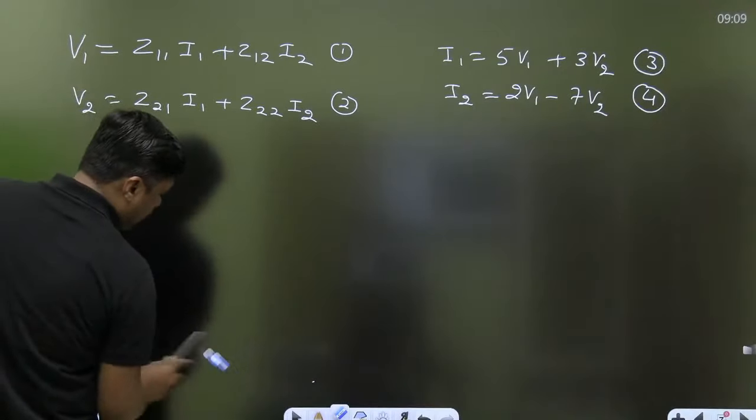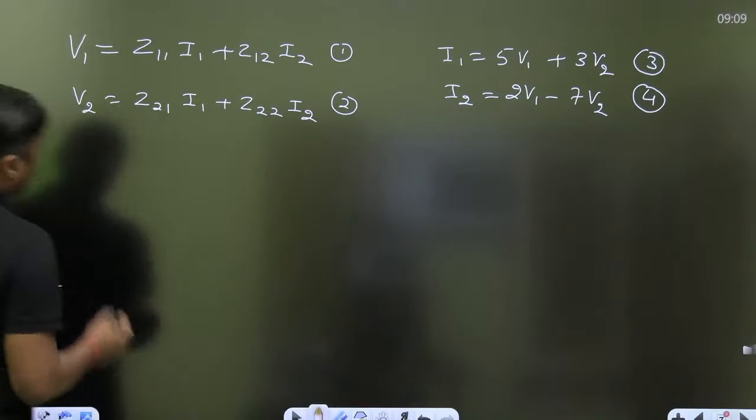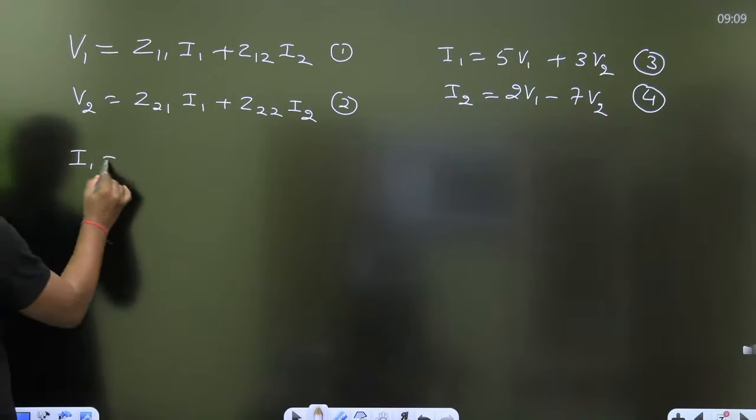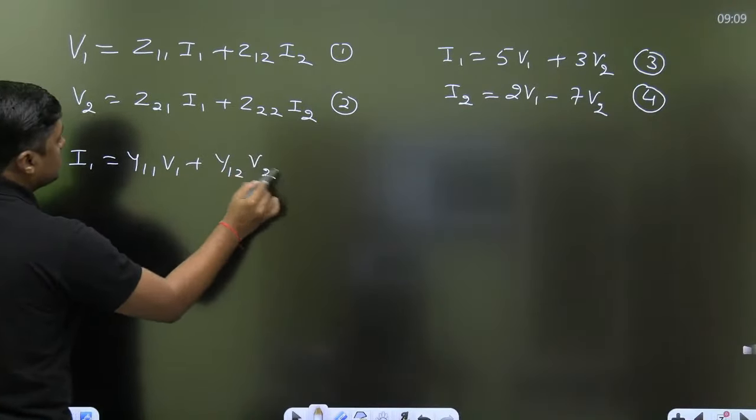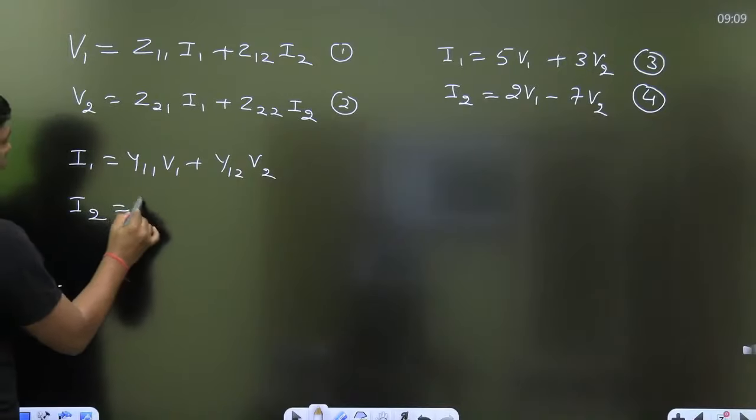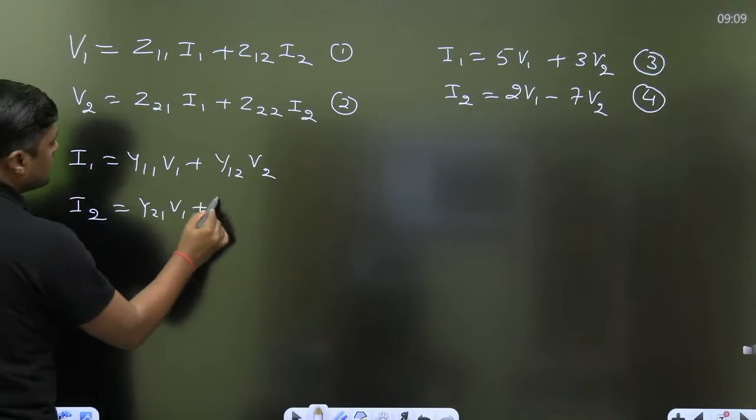Then what is the Y parameter? Y parameter is given by I1 is equal to Y11 V1 plus Y12 V2, and I2 is equal to Y21 V1 plus Y22 V2.